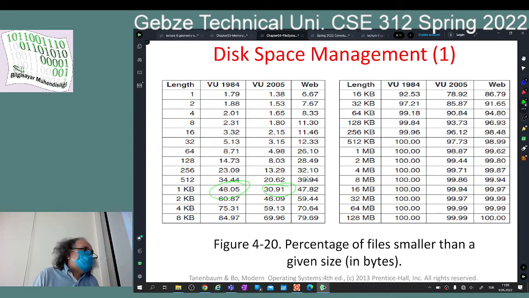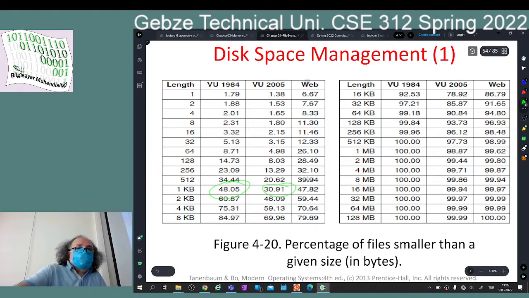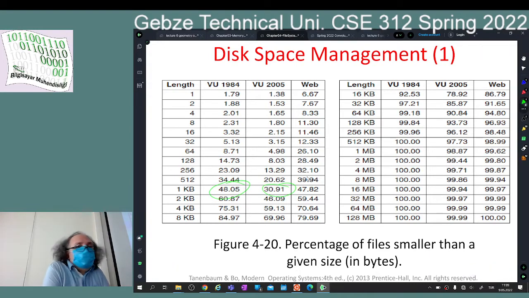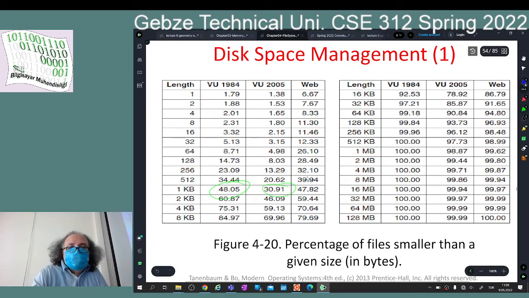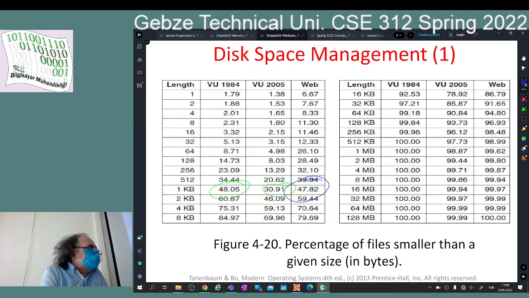The other thing is, for example, for a web server, it doesn't matter what year it is. It has its own statistics. Although I am in 2010 or 2020, for my web server, the files are not that big.